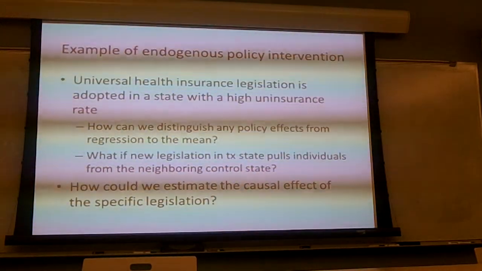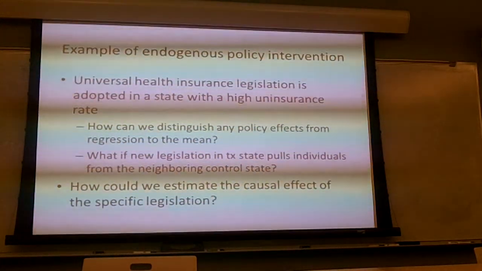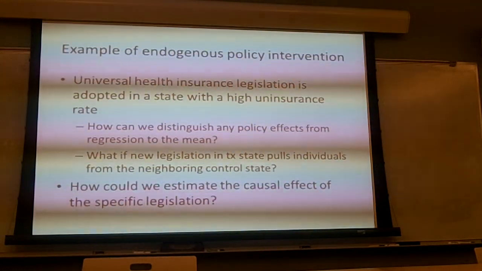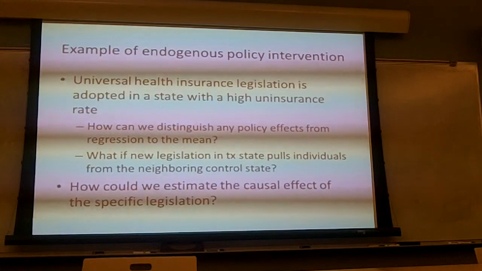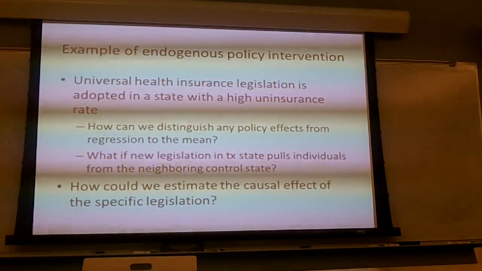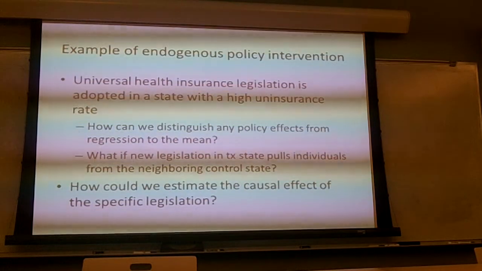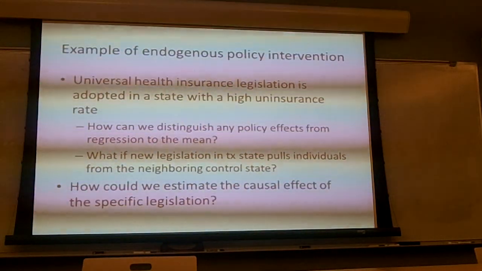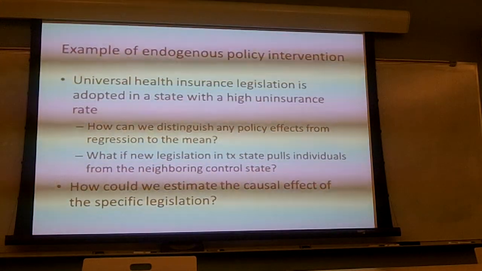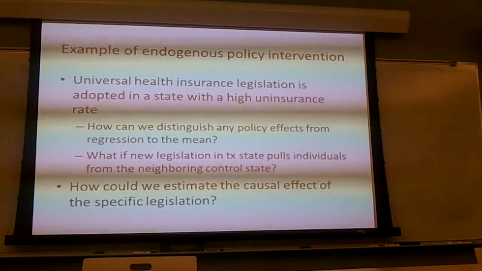And another threat that might be lurking out there, and this is not an exhaustive set of threats, but just some examples of things to think about. What if new legislation in the treatment state pulls individuals from the neighboring control state? So, okay, Maryland passes universal health insurance, and all those from Virginia, where I grew up, migrated over to Maryland. Of course, that would never happen because people from Virginia are not the people from Maryland.